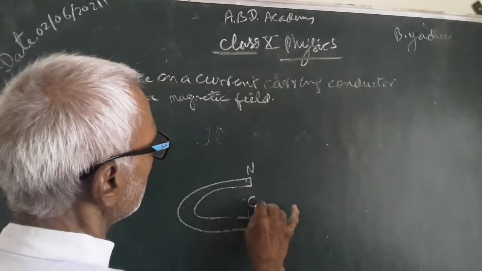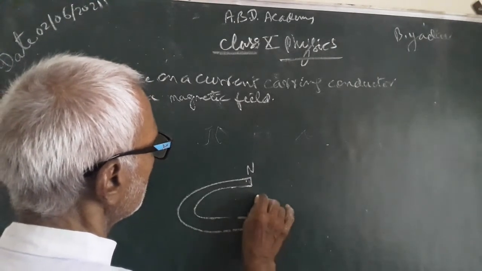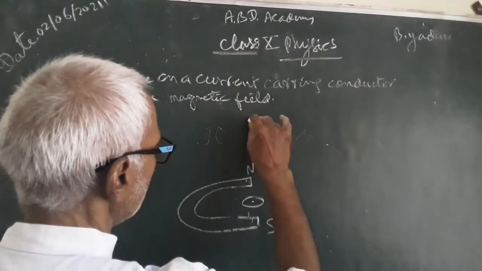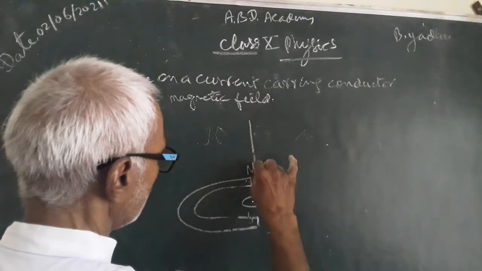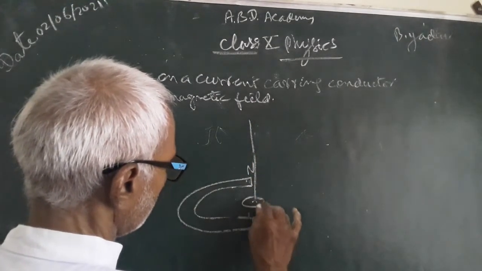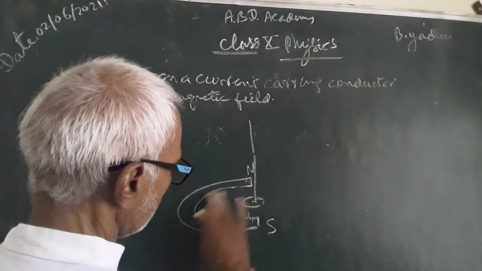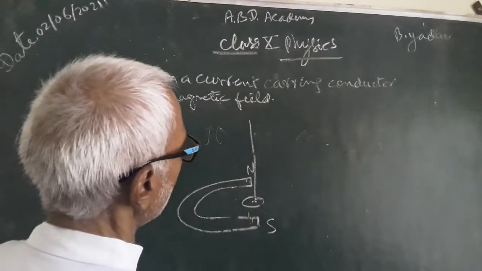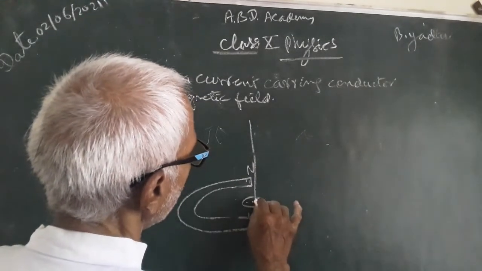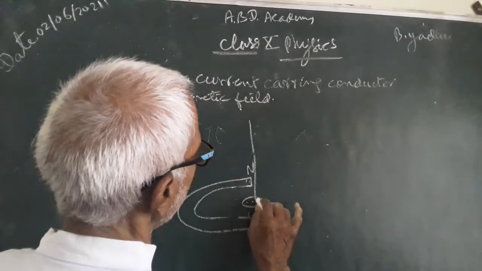The wire carries a current. Suppose this is a point here, the wire comes from upward and touches here. It is a tabletop, and here is mercury, the wire is dipped in it and its end is free here.